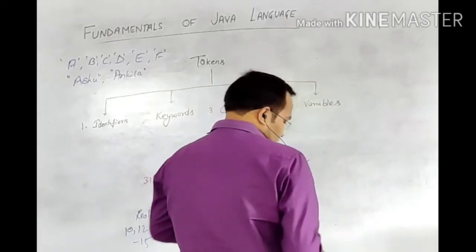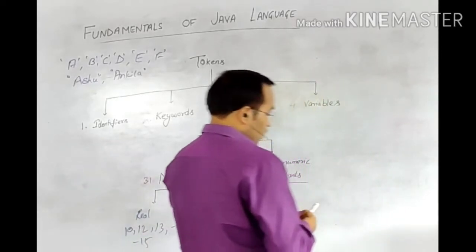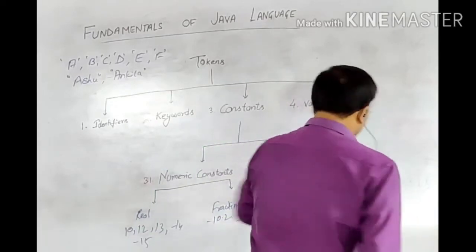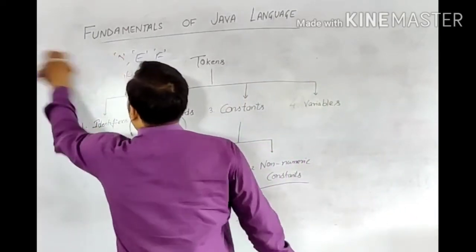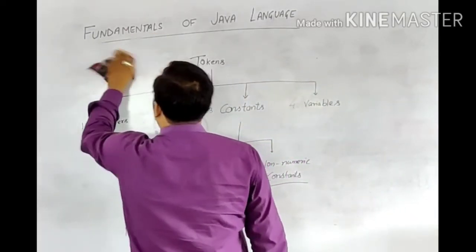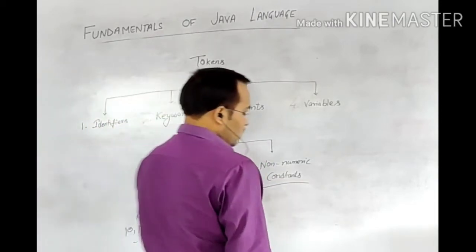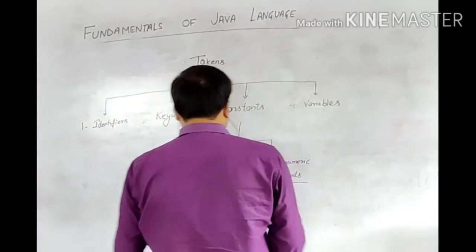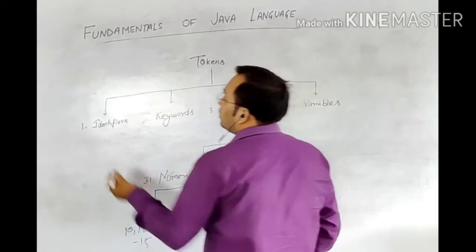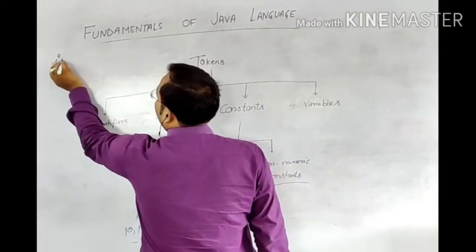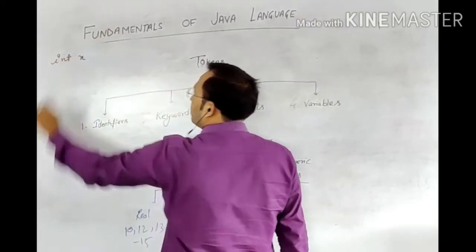Now the last one is variables. As we have constant values, whose values cannot be changed throughout the program, in variables what happens? Suppose you have taken int x.